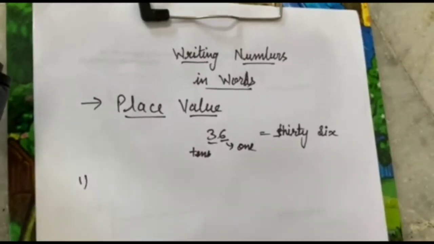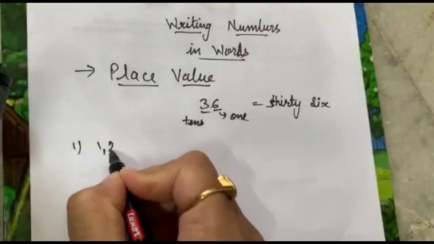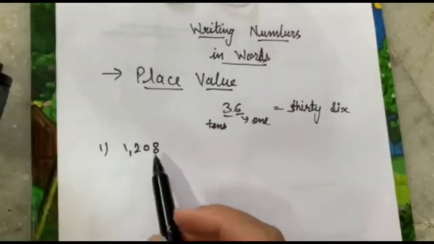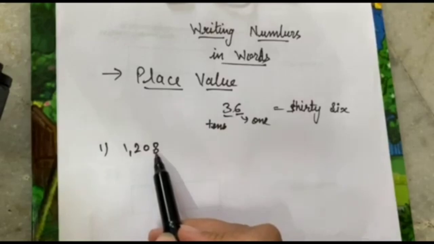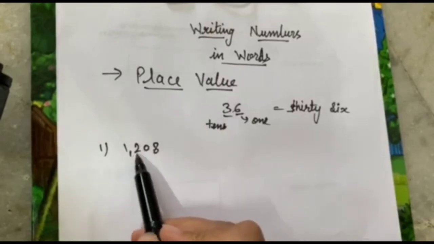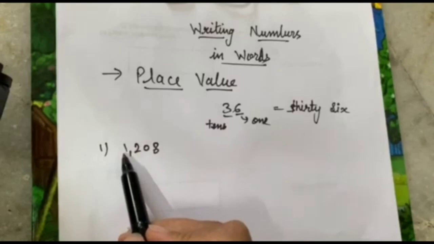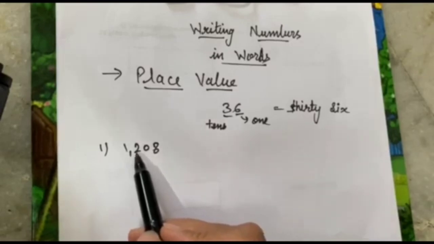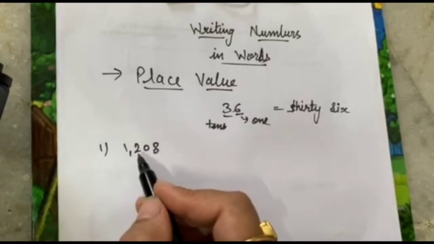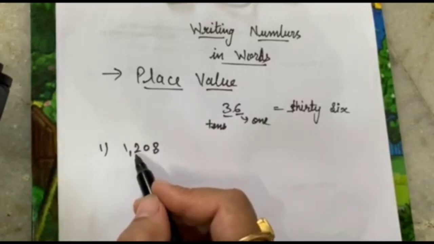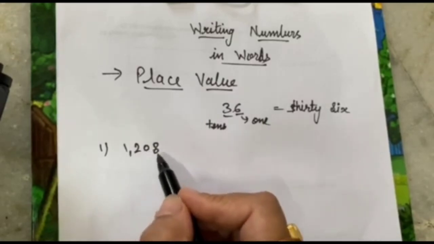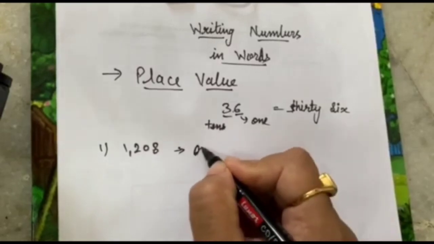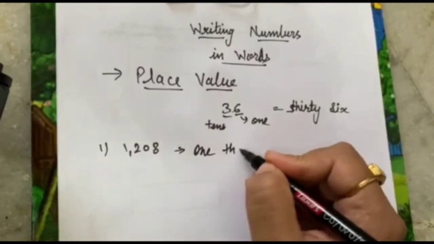Let's take more examples. We'll take a little bigger number, 1208. In this we have 8 ones, 0 tens, 2 hundreds and 1 thousand. So how will we write this number in words? 1000 plus 200 is 1200, and 0 tens and 8 ones, so we'll write it as 1208.